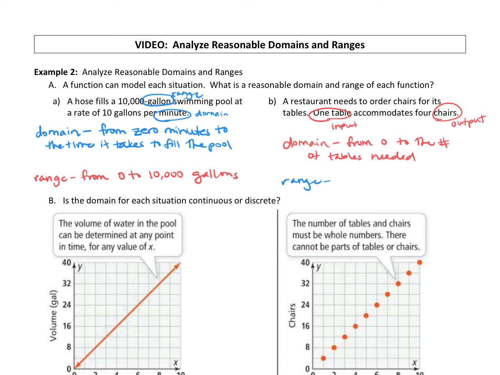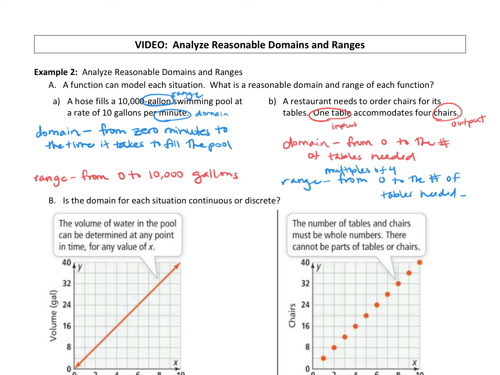We won't have a negative number of chairs, so our reasonable range is going to go from 0 to multiples of 4 from 0 to the number of tables needed. Because remember, if we needed 5 tables, then 5 times 4, we would need 20 chairs.